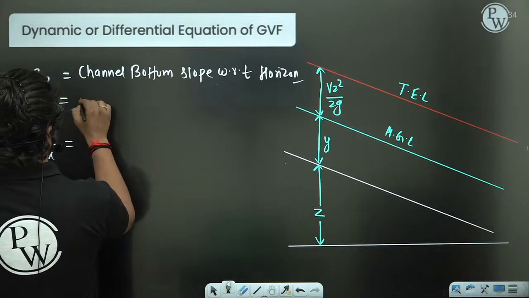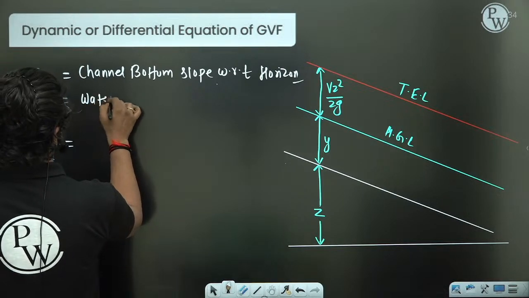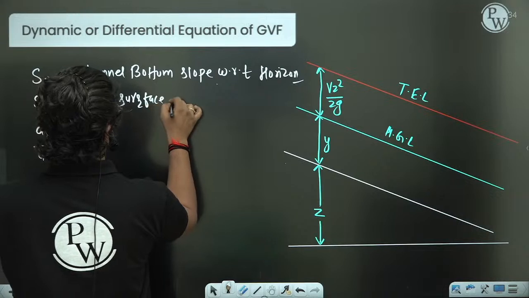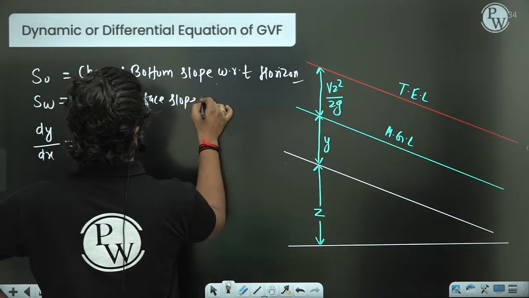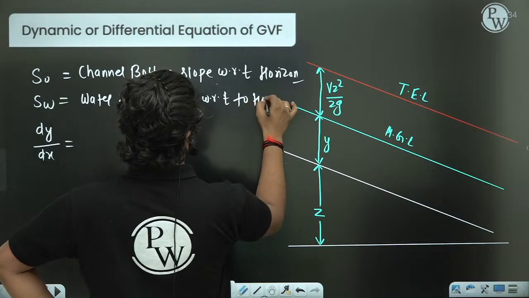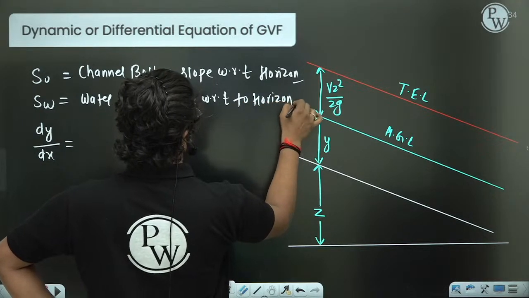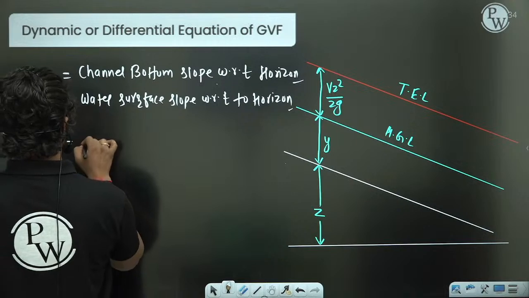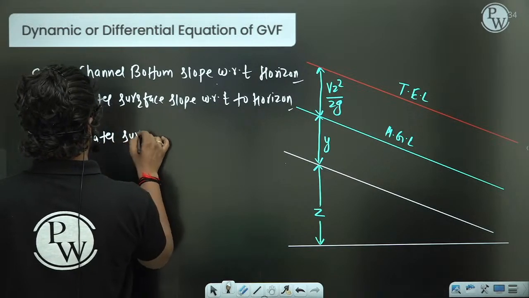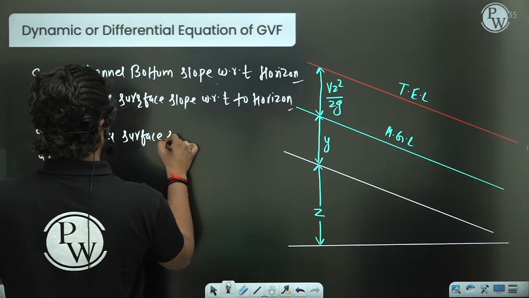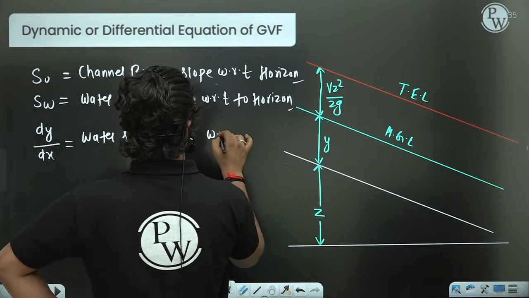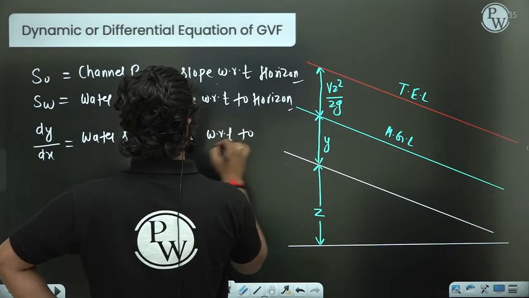SW is the water surface slope with respect to horizontal. dy/dx is the water surface slope with respect to the channel bottom.